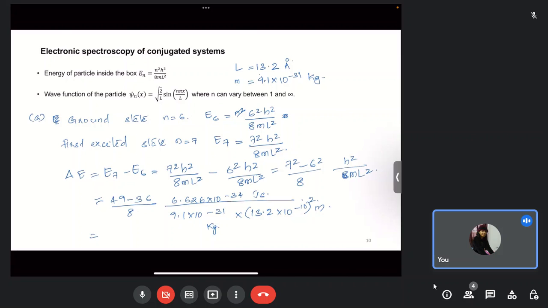So it's 13.2 square, and yeah, this is going to be 0.00417 into, okay, we'll do the 10 to the power. So 49 minus 36.